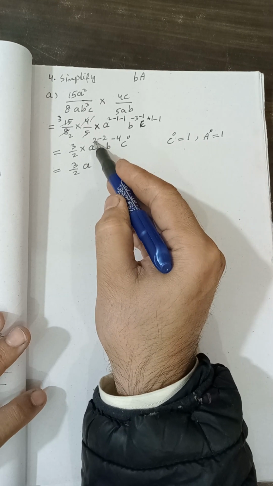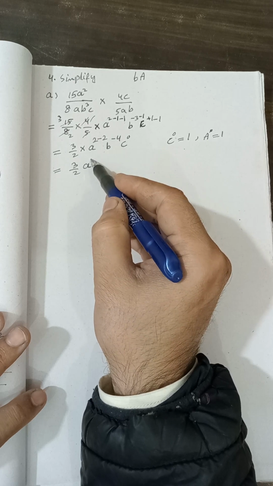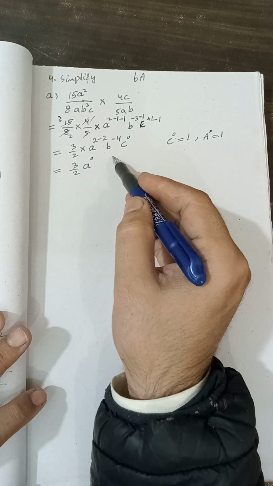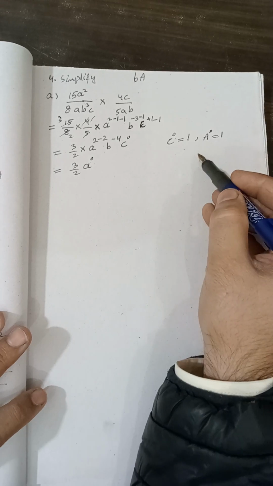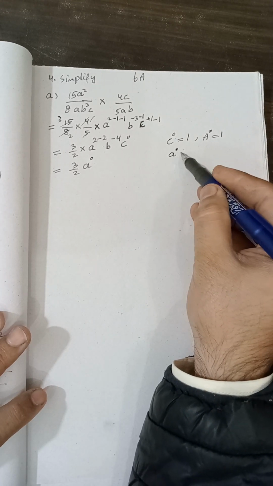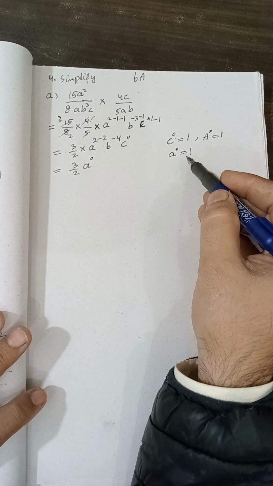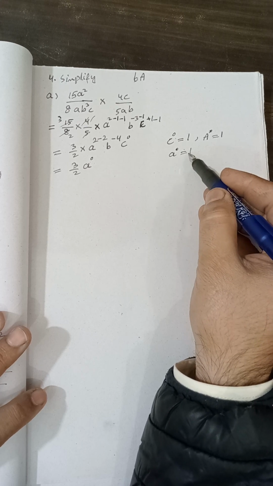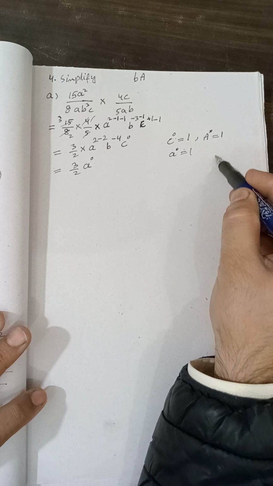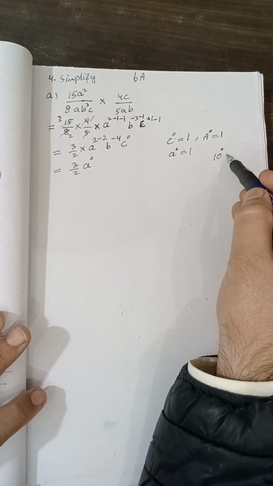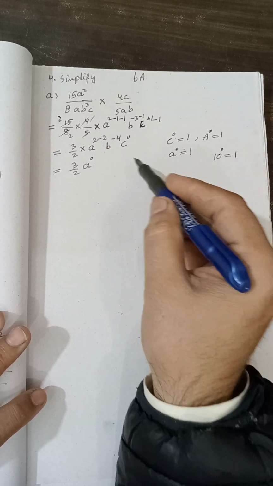From 2 subtract 2, the answer is 0 here again. So its degree is also 0, equal to 1. As you know that every alphabet or every base whose degree is 0, it is always equal to 1.